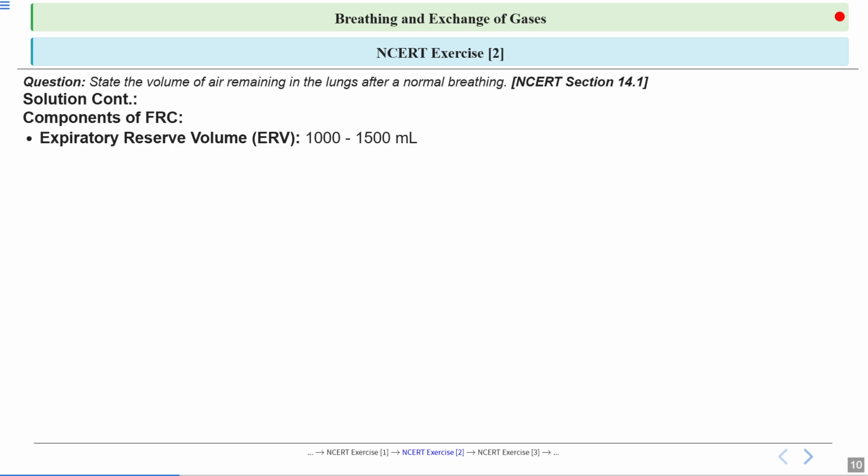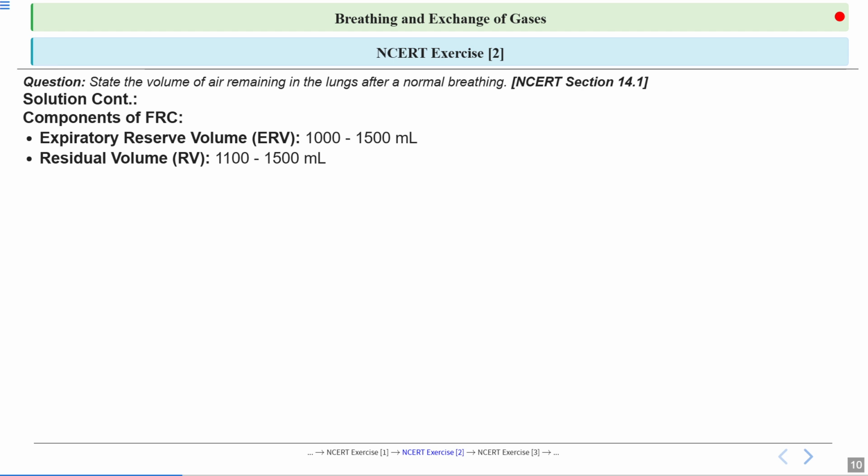So expiratory reserve volume, what is that? 1000 to 1500 ml. It is variable, so the range is given here, 1000 to 1500 ml. Residual volume is 1100 to 1500 ml.